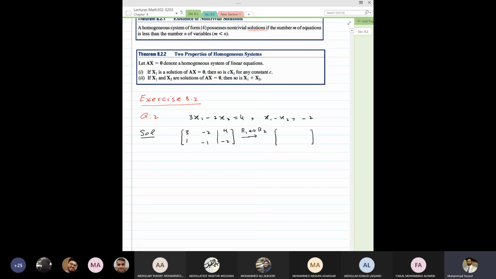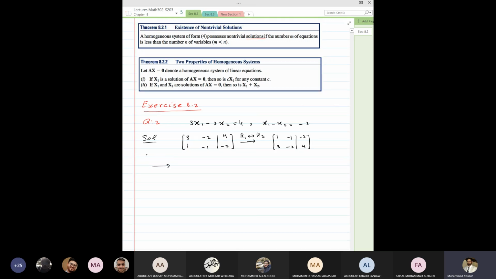I can divide the first row by 3, but that will make things more complicated. Now below this leading coefficient in the first row, I need to make zeros. So what do I do? -3 times row 1, add in row 2.